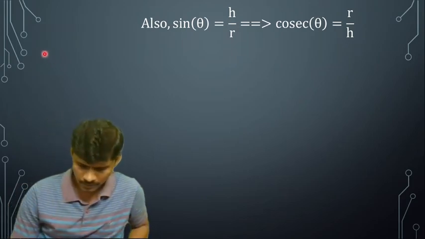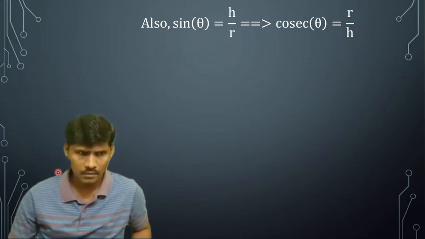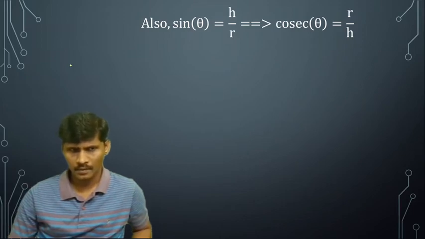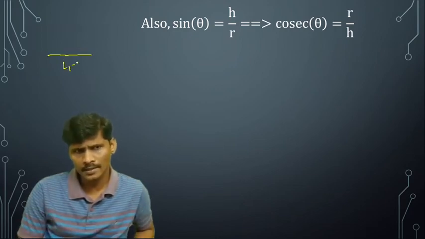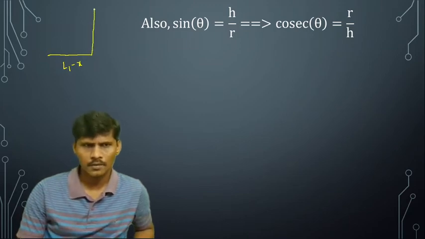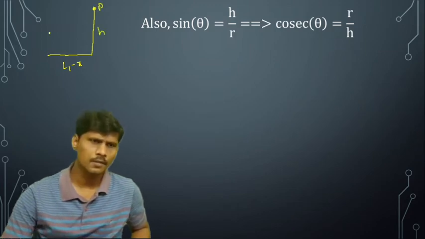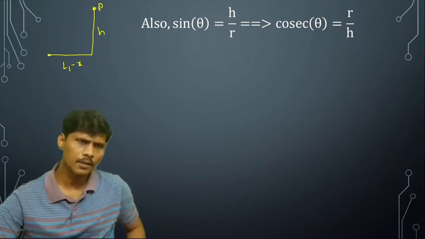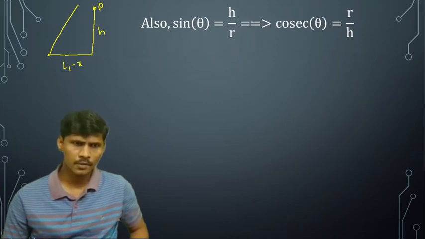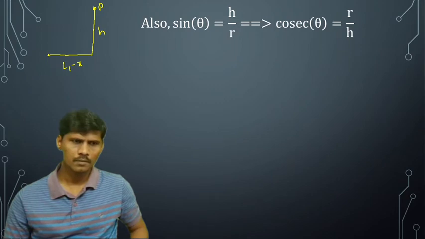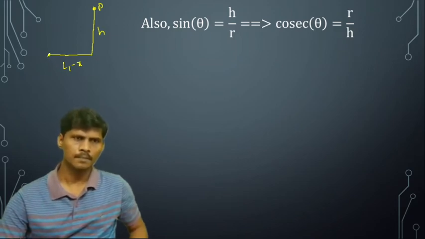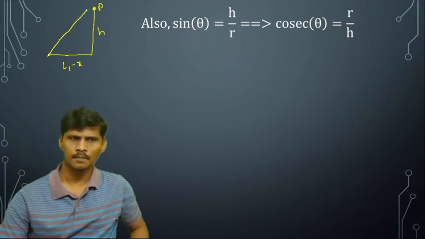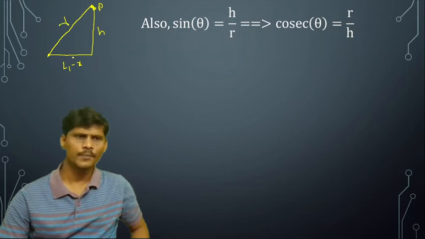In this part of the figure, this distance is L1 minus x, this is point P, this distance is small h meter, and this is the elementary length dl. From the elementary length to the point P is small r, and this angle is theta.